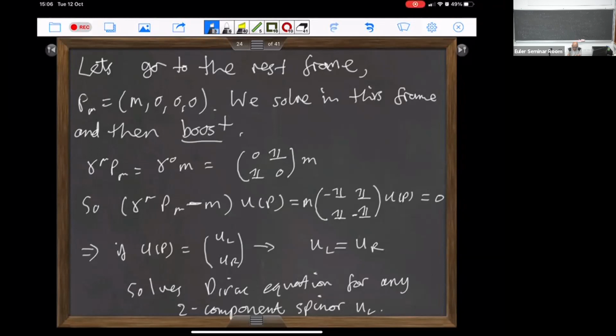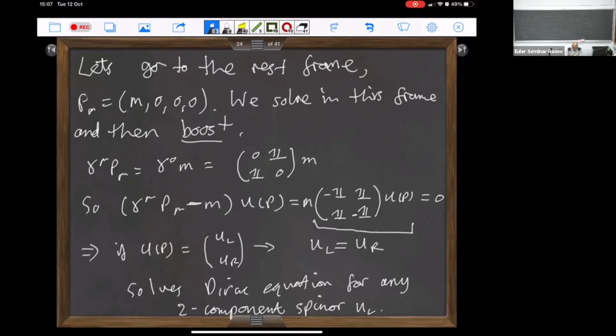So we just have to solve that this 2 by 2 matrix multiplied by u is 0. If we separate it into left and right-handed components, that equation just tells us that u left is equal to u right. So that's a nice simplifying feature of the Dirac equation in the Weyl basis in the rest frame.